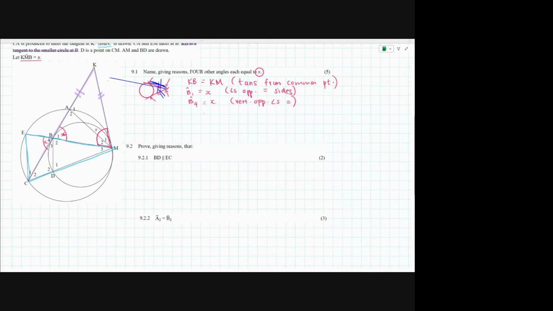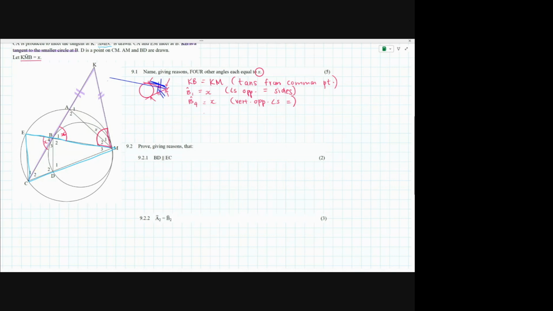So just be careful. C2 is over here, which means that we would be looking at just this angle in terms of tan chord theorem. So you're on the right track with tan chord theorem, absolutely. But just be very, very careful with the tangents and the chords you're working with.